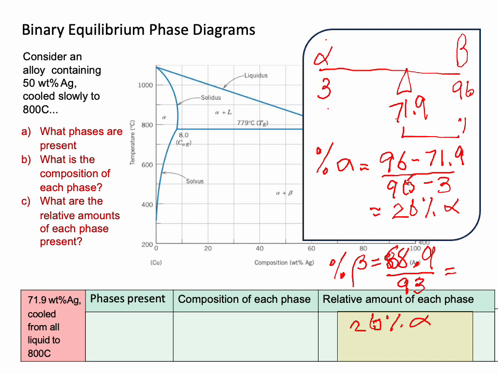Sorry, math error. The difference between 71.9 and 3 is 68.9, divided by 93. There it is. I expect my number to be 74%. When it wasn't, I knew that there was some error involved. So 74% beta. Okay?